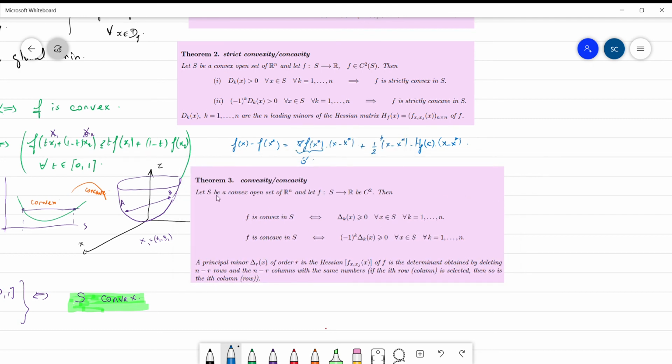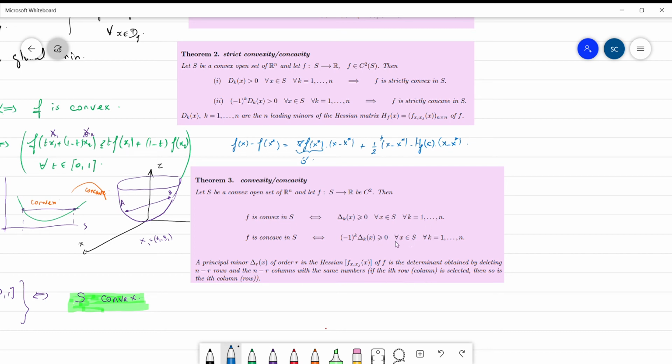We need convexity of a set S, a C2 function, regular, twice differentiable. This time we compute the delta K. We call them principal minors of order R in the Hessian. They are determinants that we obtain by deleting n minus R rows and the corresponding n minus R columns of the same numbers. Okay, so yes, it's marginal.